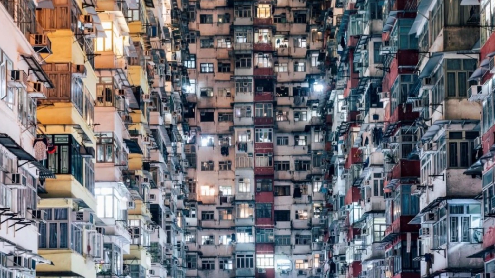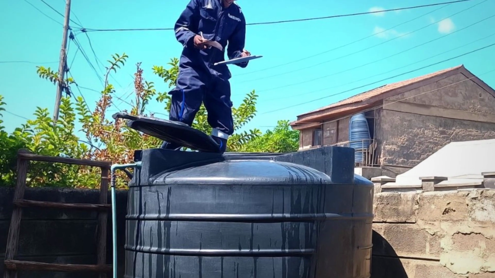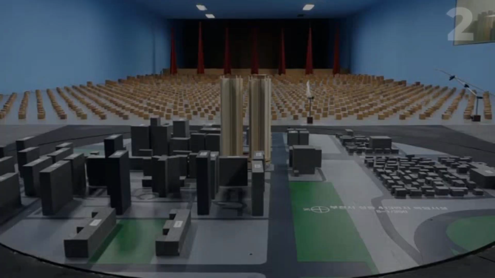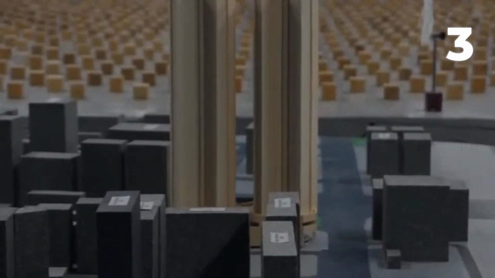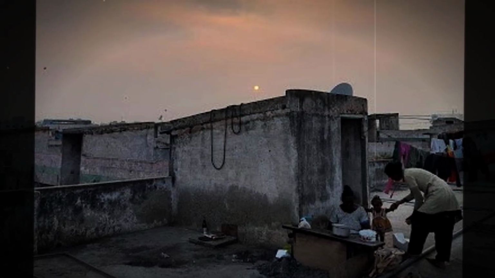Rooftop additions built outside code rarely match the original wind resistance, and uplift on lightweight steel or water tanks can cause wind effects to jump from 40 to 60 meters per second. Local pressures then exceed the 2.5 to 3 kilonewtons per square meter that slabs were meant to resist. Failures are well documented. Rooftop rooms or tanks have been torn away, slabs exposed, and deterioration set in motion.